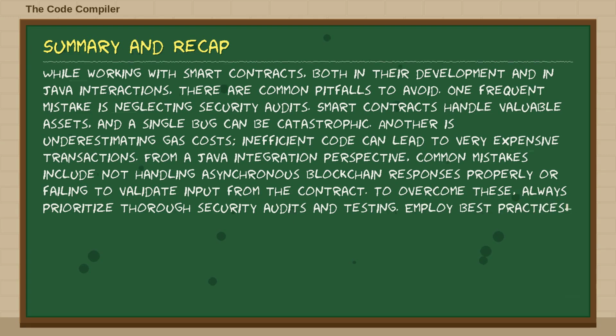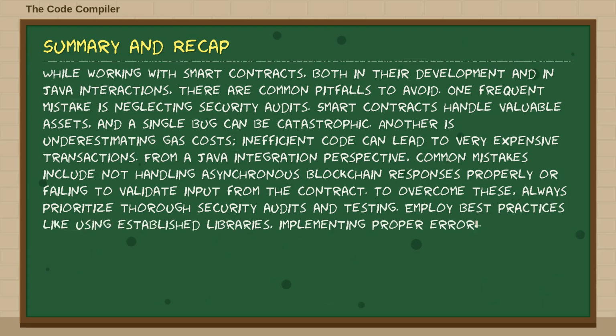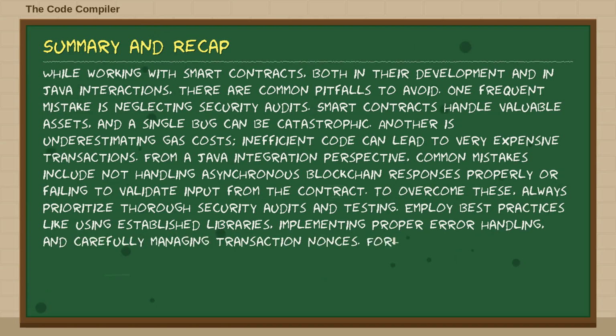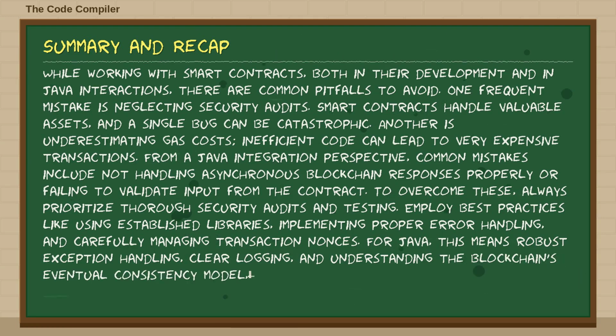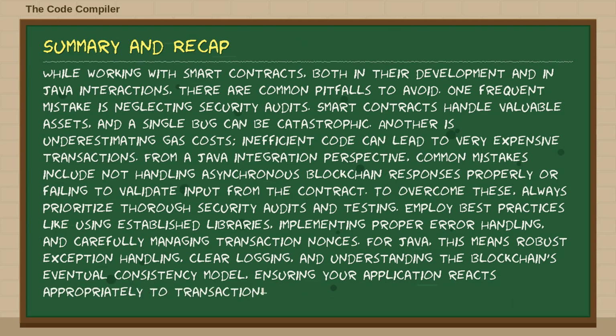Employ best practices like using established libraries, implementing proper error handling, and carefully managing transaction nonces. For Java, this means robust exception handling, clear logging, and understanding the blockchain's eventual consistency model, ensuring your application reacts appropriately to transaction confirmations and state changes.